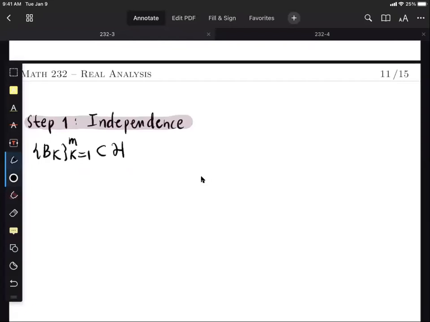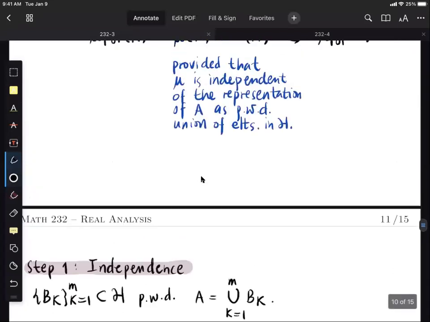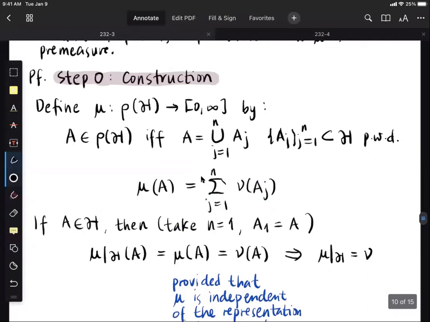So we have a set of elements in the semi-ring, pairwise disjoint, and I can also write A as the union of this collection of sets. Take note here, the number of sets m might be different from the number of sets n provided in this line here. It is possible that you could write the elements of the ring by a different number of elements in the semi-ring.